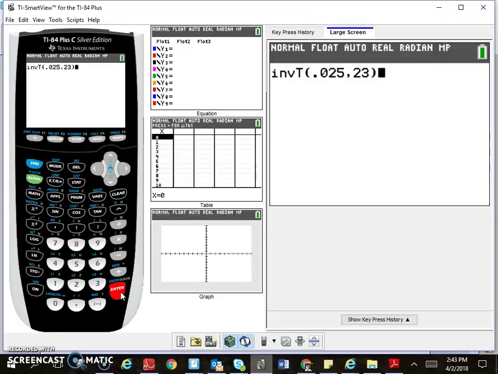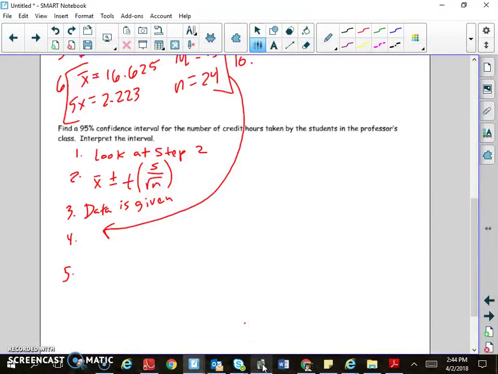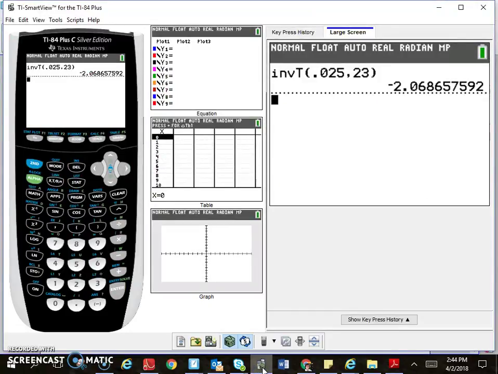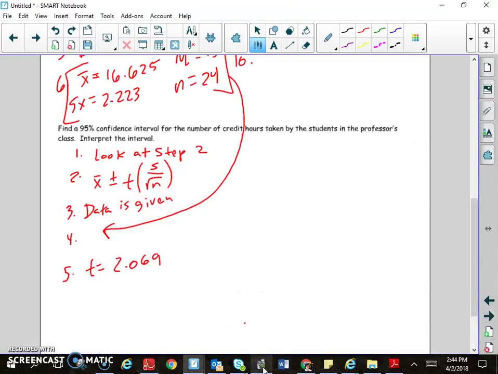You're not going to be using 0 and 1 like for inverse norm. And then that's going to give you your t value. You're just going to write this as a positive number, like you did last week also. So t equals 2.069. So positive 2.069.